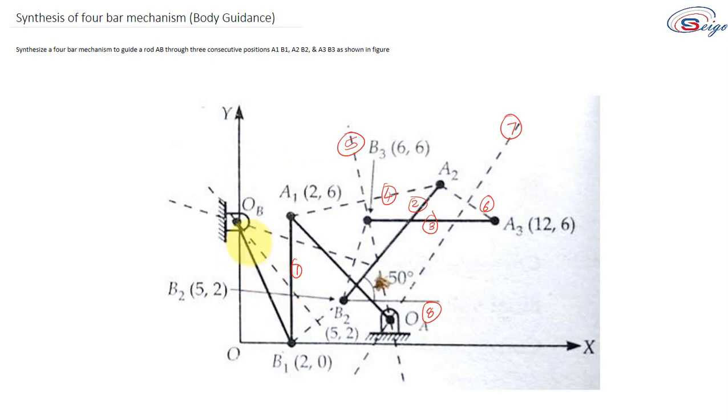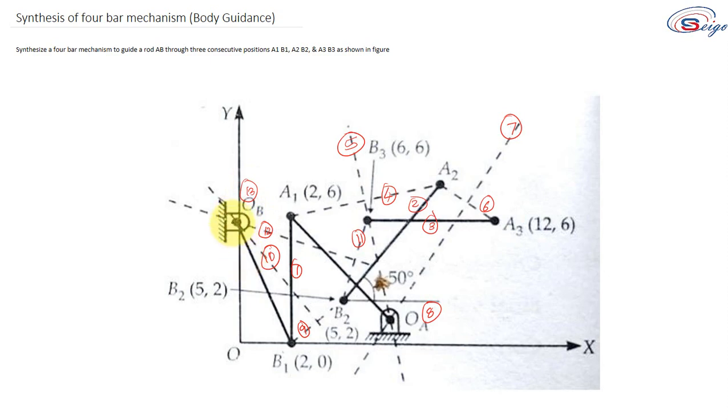After that, join the points B1 and B2 and mark the perpendicular bisector of B1, B2. Then join B2 and B3 and draw the perpendicular bisector of B2, B3. These two perpendicular bisectors will meet at a common point OB, so mark the point OB.